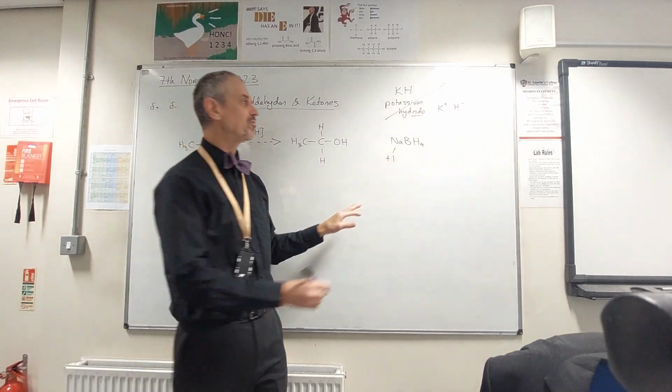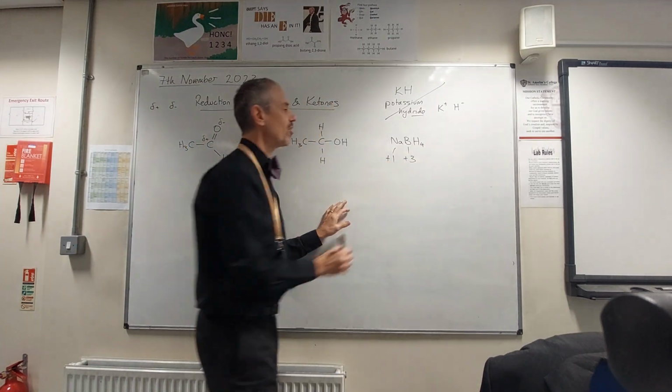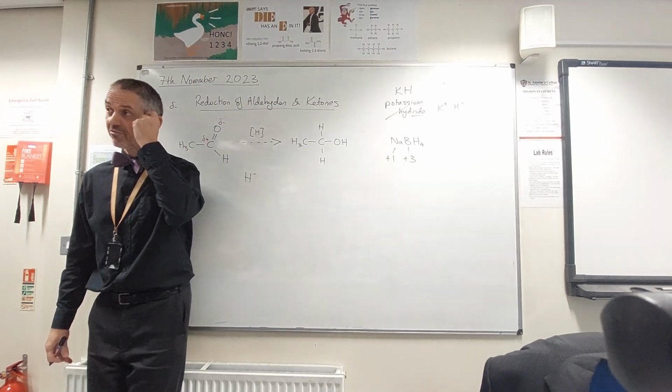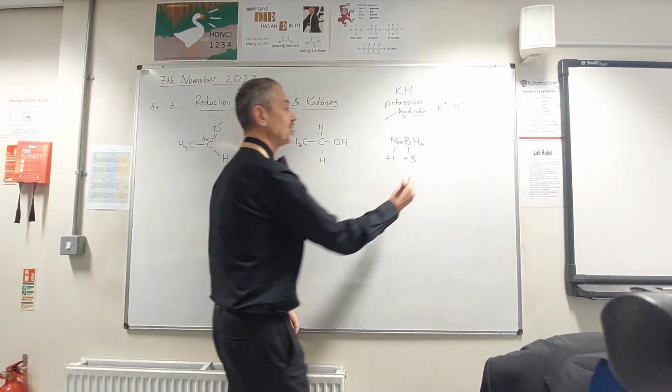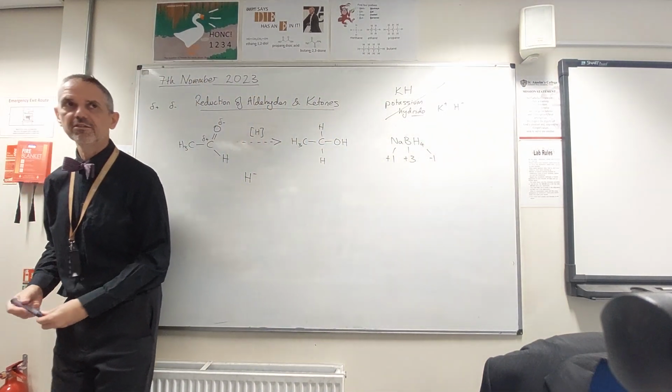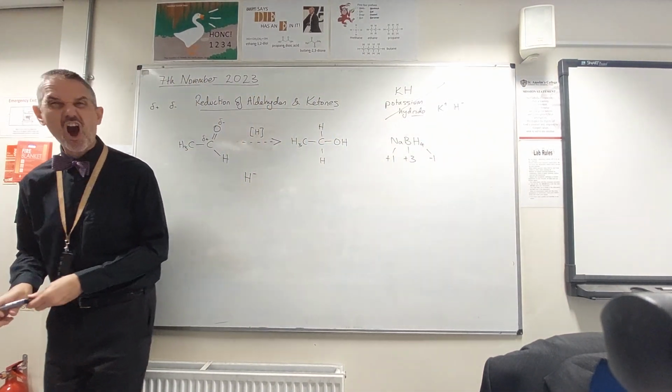Same for elements in group 3, they're always +3 in compounds. Hydrogen's -1. The overall oxidation state of the compound is 0, so H must be -1. Okay. So that's our form of hydride.